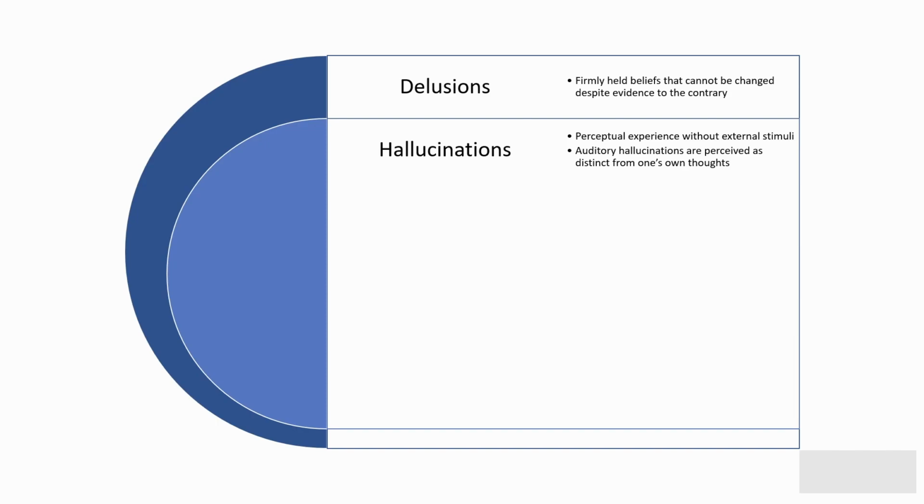There are many different types of hallucinations and delusions that are not discussed in detail here, but one thing to note is that auditory hallucinations are the most common type of hallucination in patients with schizophrenia. Both delusions and hallucinations are characterized as positive symptoms because they describe additional experiences that the patient is involved in.